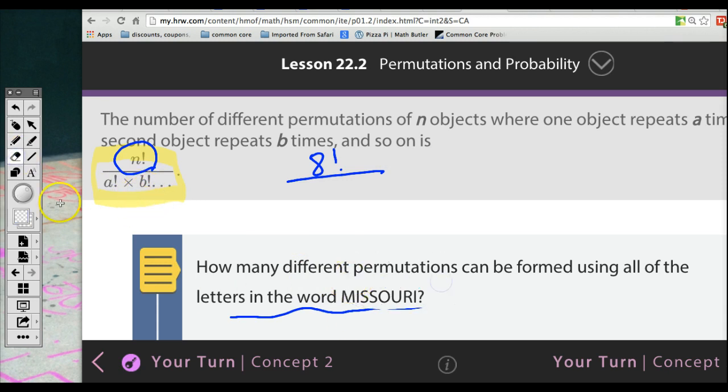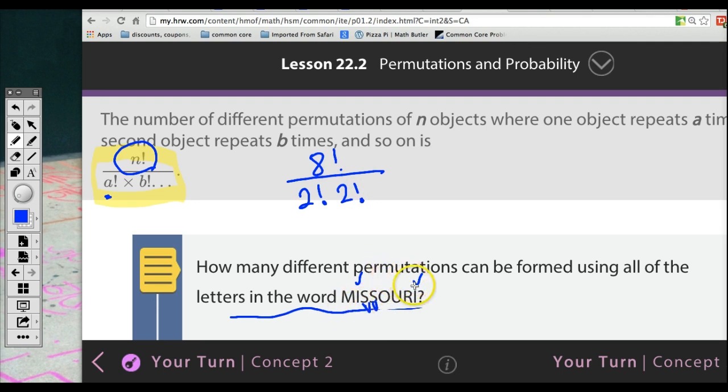So now that we know that we have a total of 8 letters, let's see how many repeating letters we have. Guess what? We have 2 I's. So that means we have to put 2 factorial. The A would be the I, okay? What else do we have? Oh, I see that there are 2 S's, so we have to put another 2 factorial. Is there anything else that's repeating? SS, II? Nope, nothing else, okay?